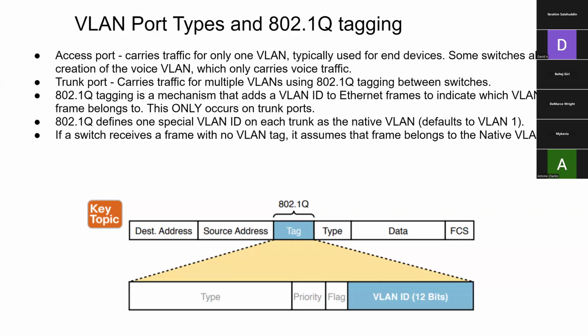Because it's not the native VLAN 1, it's going to be tagged with VLAN 20. Now, if it was destined for VLAN 1, then it would be untagged. The switch knows exactly what the native VLAN is. So if there is no tag on it, it's going to say, oh, I'm just going to send it straight to the native VLAN, which in this case, we'll say is VLAN 1.